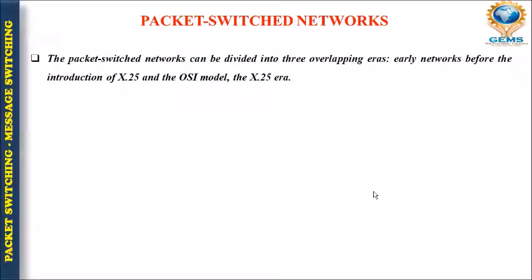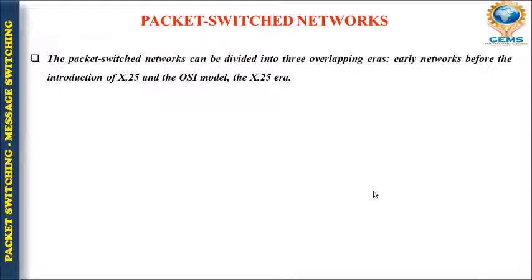So let's talk about packet switch network. What do you mean by packet switch network? First, it is very important, and it can be divided into three areas, right? First is the introduction of X25. Next is the OSI model and the X25 era.